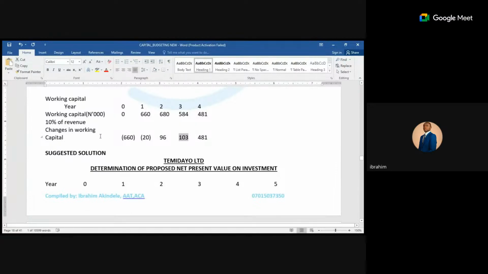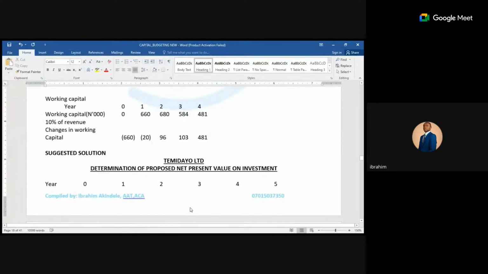That is why I say changes in working capital. Then the last one, you have 481 minus 0. 0 means that is the last year, meaning that the working capital did not increase but decreased to 0. 481 is higher now, then you have your 481.